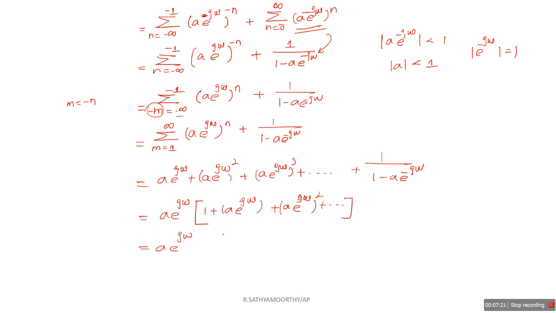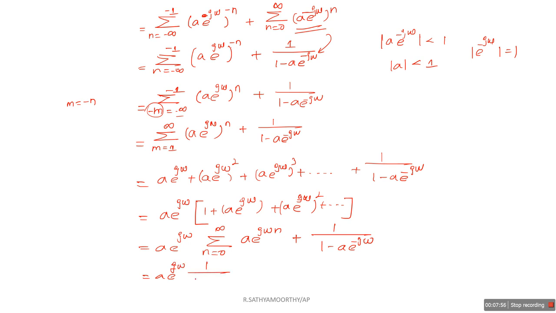Now this can be written as the summation n equals 0 to infinity of a e power j omega whole power n, because if I substitute n equal to 0 here, I'll get 1, and if I substitute n equal to 1, I'll get a e power j omega. Okay, now we get the standard format.